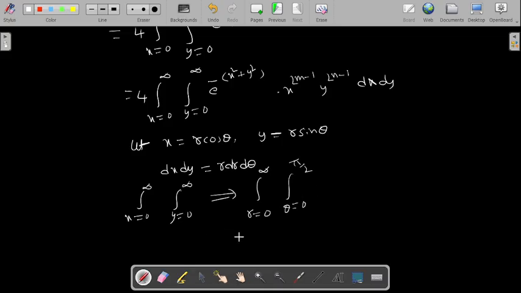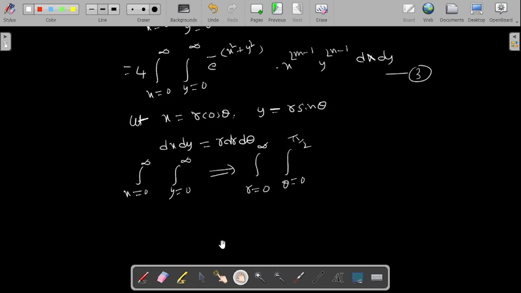Therefore this integral becomes, how will it be? Just check once: 4 into the integral, r equal to 0 to infinity, theta equal to 0 to pi by 2. Next x equal to r cos theta, y equal to r sin theta.